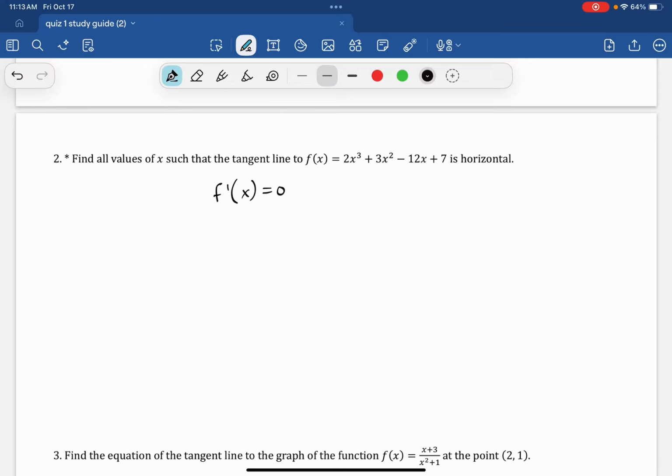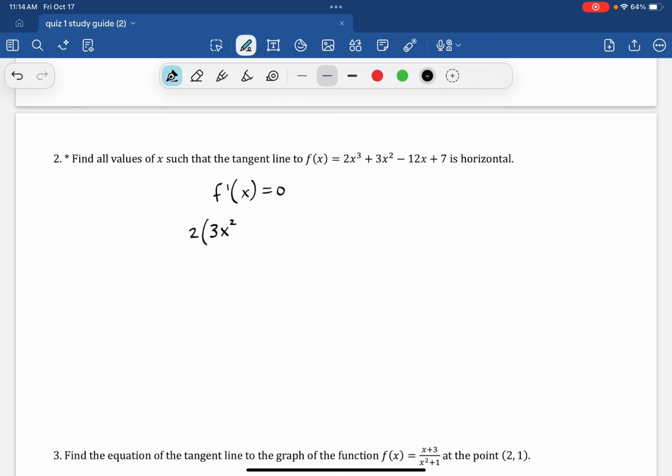So we can write that as our first step: f prime of x equals 0. So what is f prime of x? Well, we can just apply power rule. Our first term is 2x cubed, so that's 2 times, and with power rule, remember, we're taking the exponent, putting that as a coefficient in the front, and then subtracting 1 from the exponent.